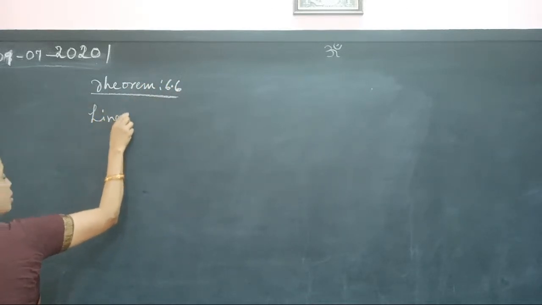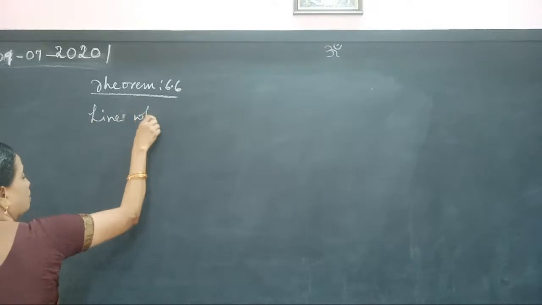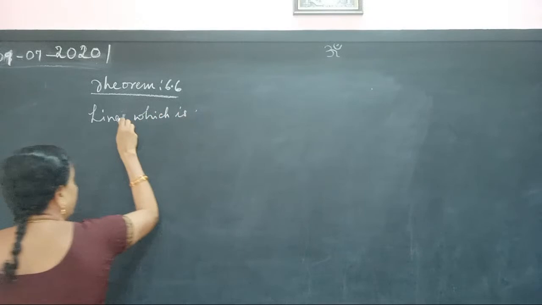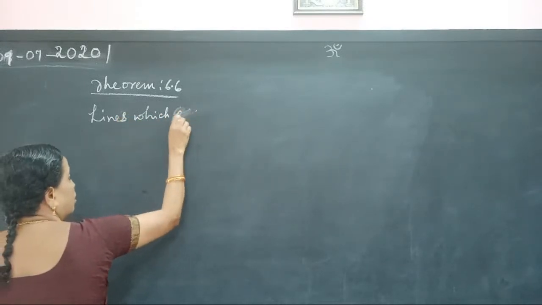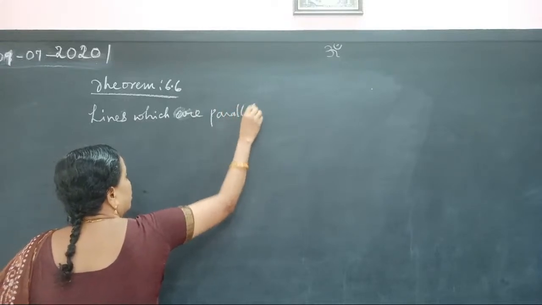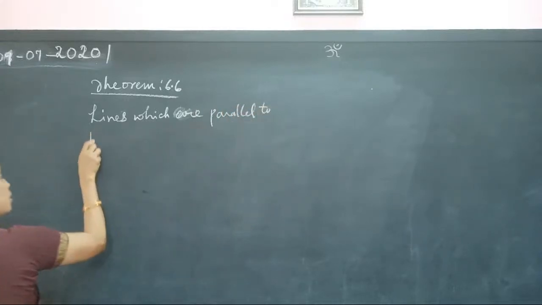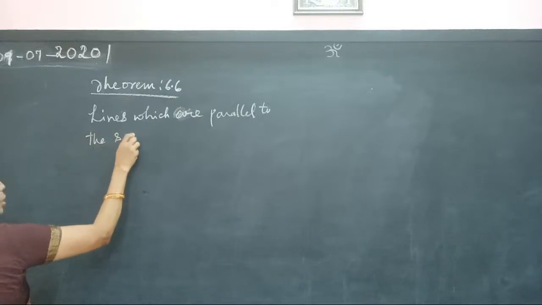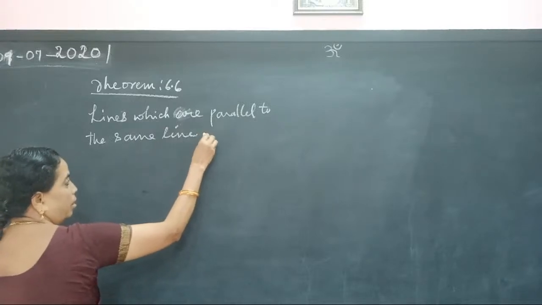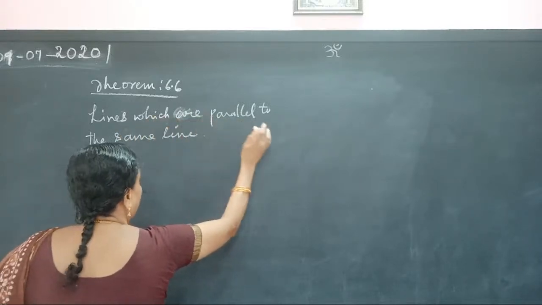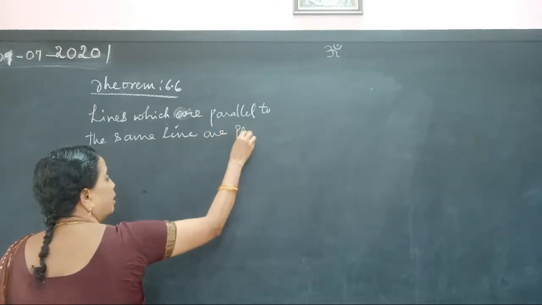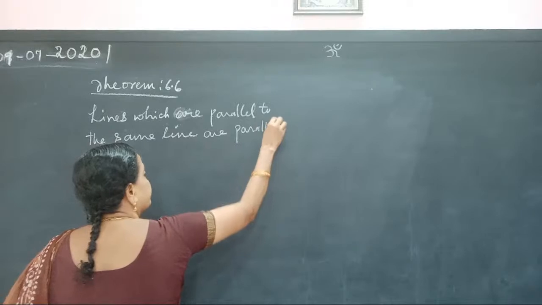Lines which are parallel to the same line are parallel to each other.